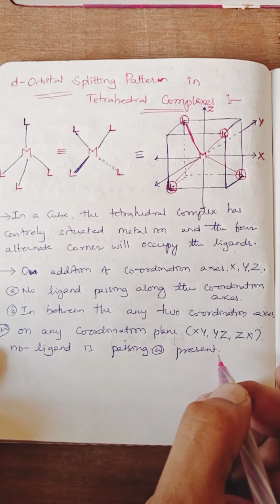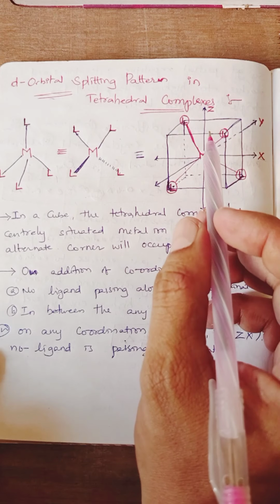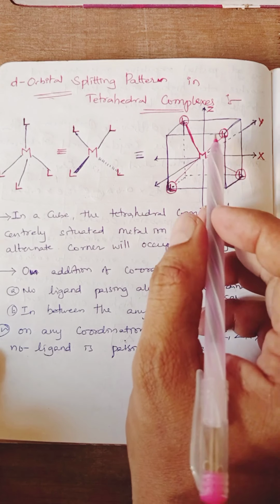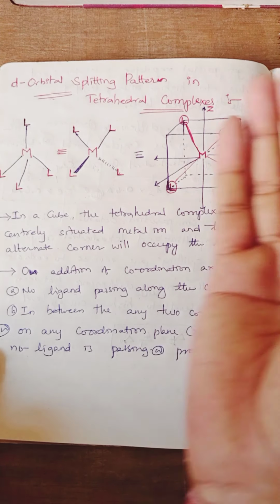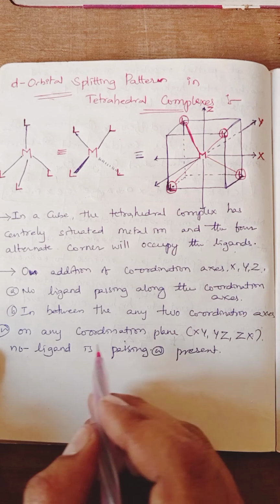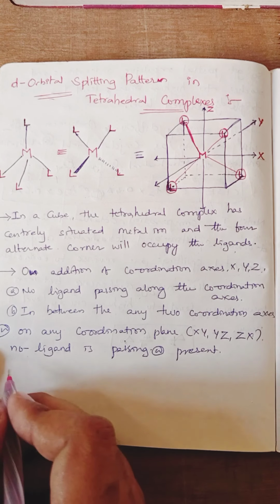No ligand is present, right? Even in between any two coordination axes, or any of the coordination planes, there is no ligand found, right?